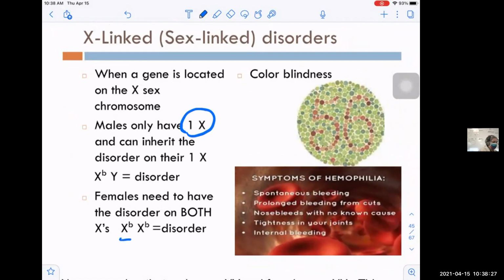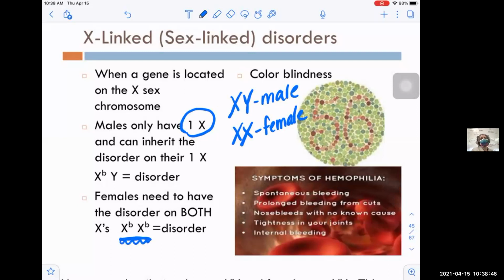Females, on the other hand, are XX, and males are XY, right? Because of this, females have to have both of their X's have the disorder in order to have it.